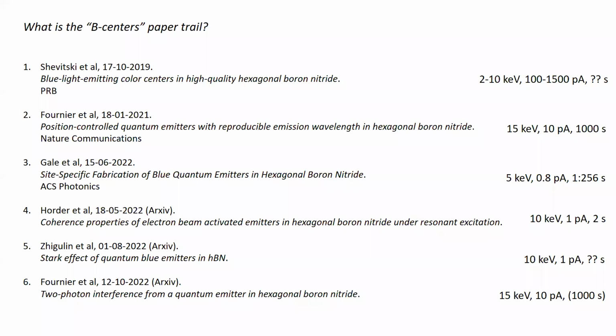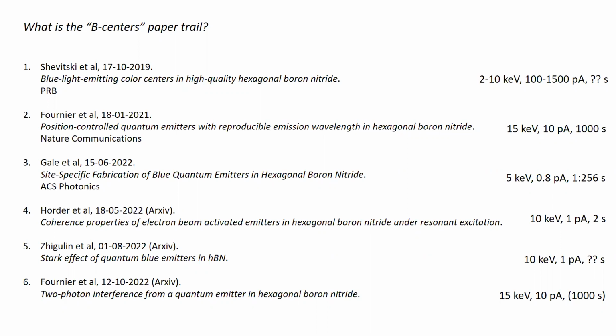The first couple were just looking at basic PL of these blue emitters under experimental creation conditions. On the right are all the parameters I can find in papers for the different electron accelerating voltages and also the currents.